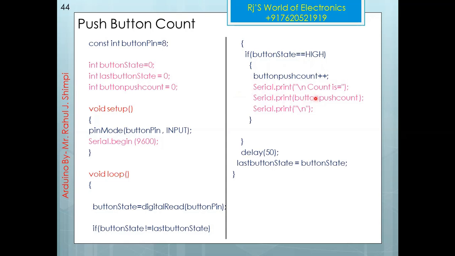It will print "count = ". I have mentioned this statement in double quotes, so it will consider it a string. Then I have mentioned Serial.print with the variable name, that is buttonPushCount. So it will print the value stored in buttonPushCount. So on the serial monitor, we can see count is equal to the value stored in buttonPushCount.